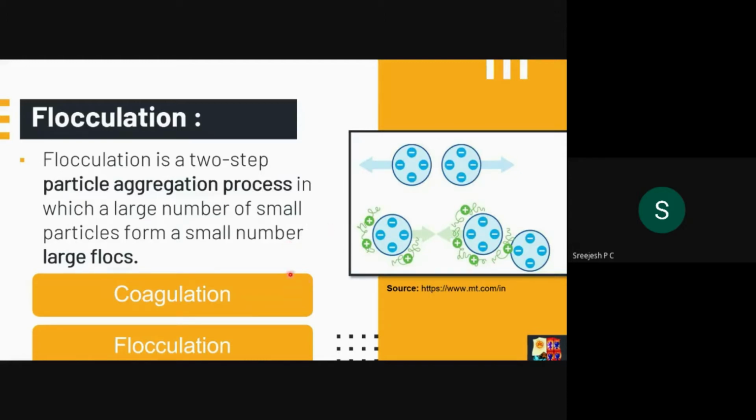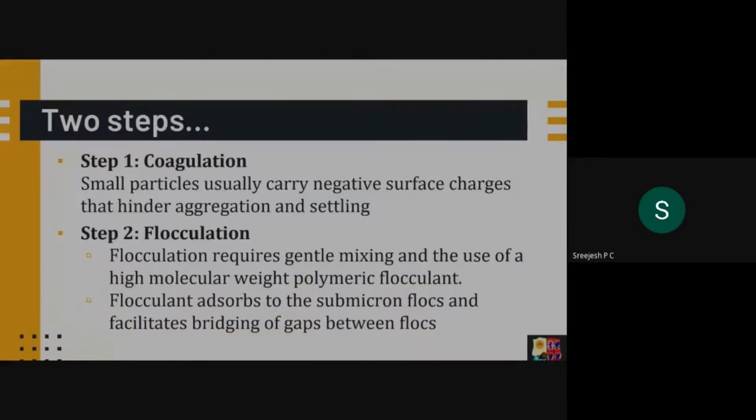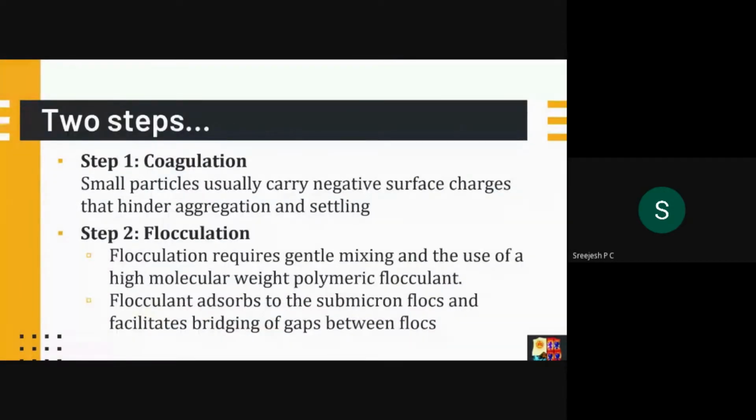These involve two steps, which we call coagulation and flocculation. We will see more details about the process in the coming slide. So two steps: the first one, coagulation, followed by flocculation.